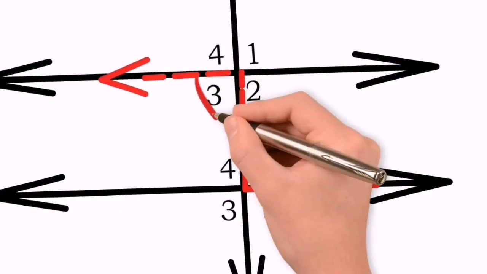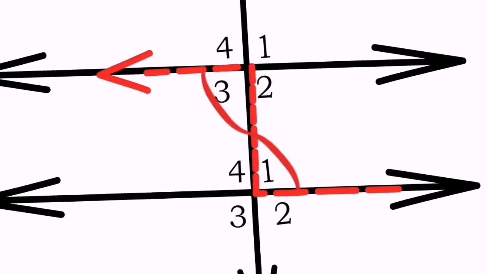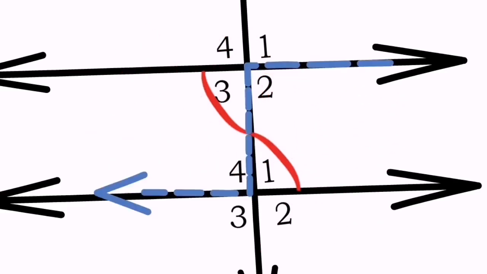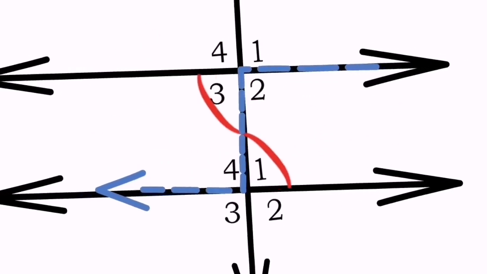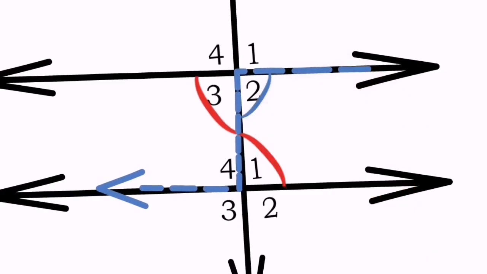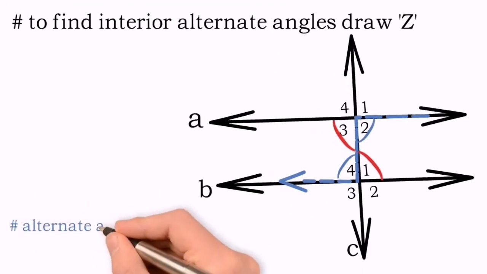Over here in the corners we got angle number 3 and angle number 1. Angle number 3 and angle number 1, which are on the opposite sides of the transversal, are alternate angles, and the same letter Z can be drawn as a mirror image, and angle number 2 and angle number 4 have to be considered as alternate angles, those two interior alternate angles, right? I hope I made it very clear to you.